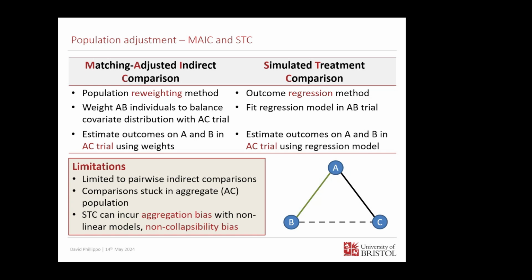If you've got non-collapsible outcome measures, an odds ratio for example, then you're getting a conditional estimate out of your AB study, and you've got a marginal estimate out of your AC study, and so you're combining apples and oranges. You've not got like with like. So there are some issues with STC. There are some more sophisticated forms of this approach that get around these issues, but if you're using STC, you have to bear this in mind.